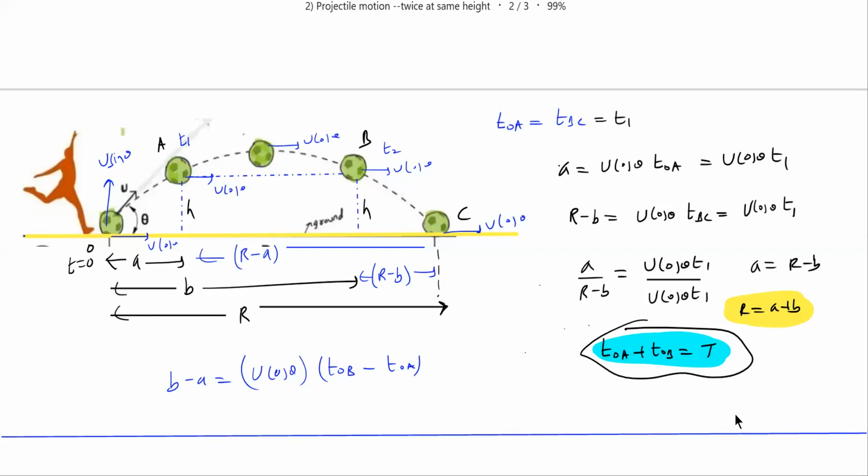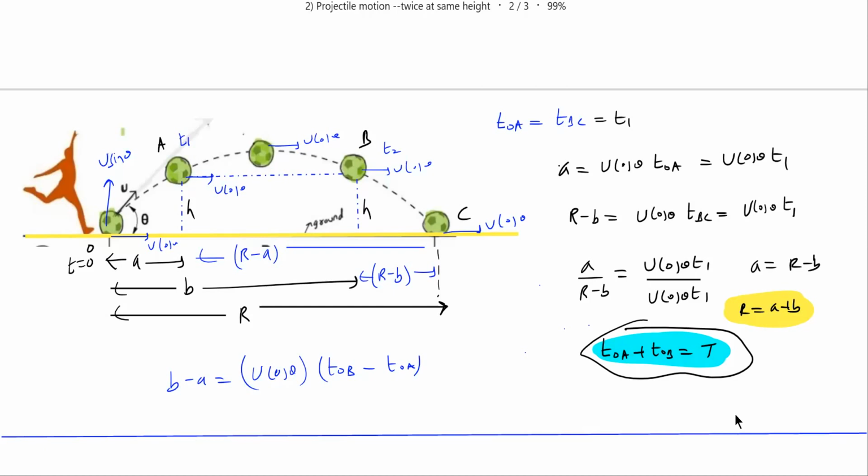Can we calculate the time interval between them? The time interval, this one. Yes, we can calculate this. And we can calculate this distance also. What is this distance? B minus A. So what is B minus A?